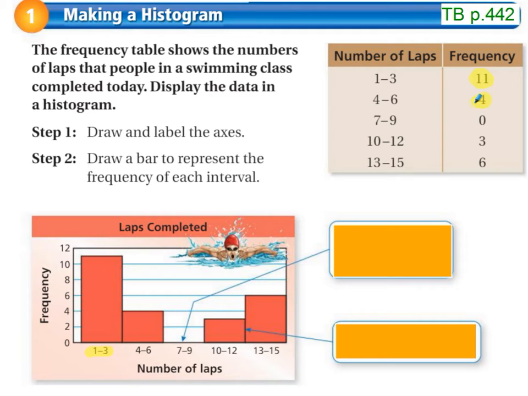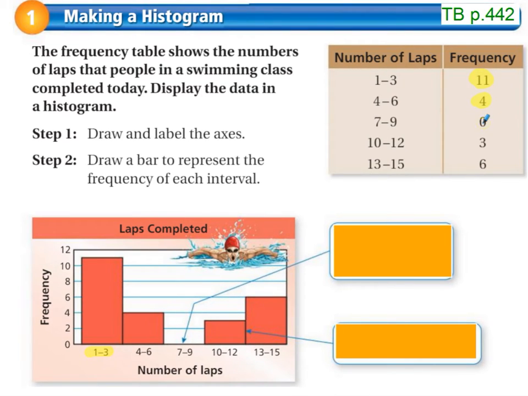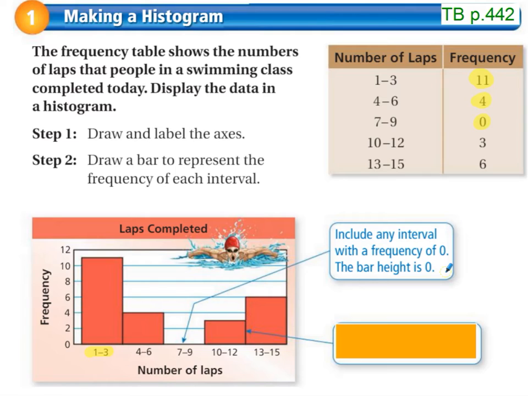Now, something important to note is once you start your intervals, you cannot skip any intervals. So you'll notice that 7 to 9 has a frequency of 0. So on down below in our bar graph where the 7 to 9 column should be, it is left empty. So make sure that in an interval with a frequency of 0, the bar height needs to be at 0.